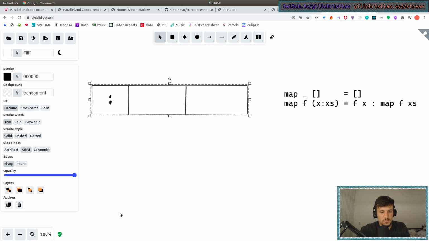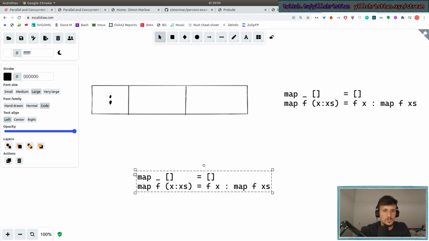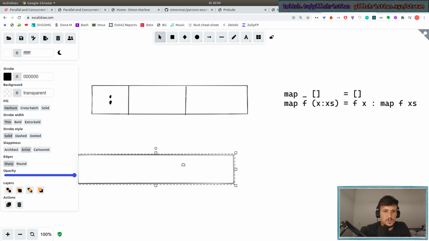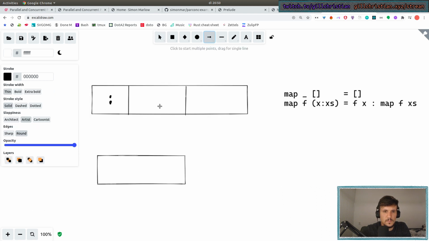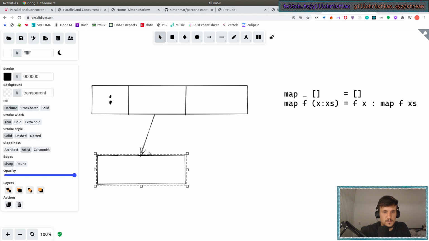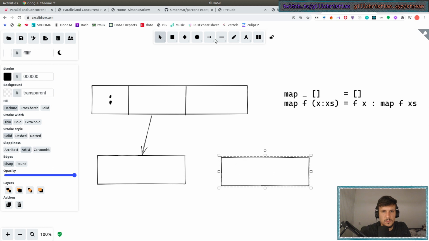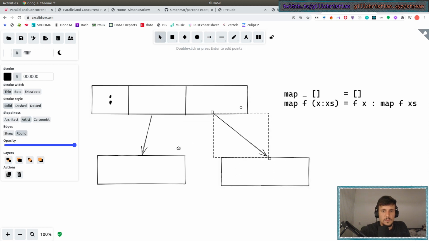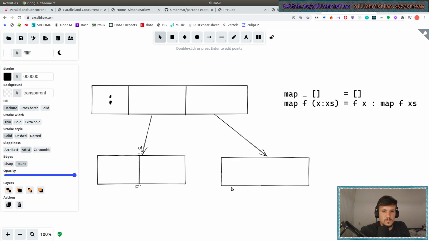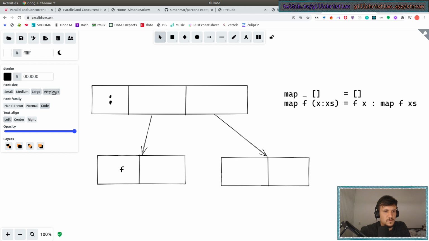Each of these points to a new one, where here we have the F and the X. Here we have 3 boxes actually.